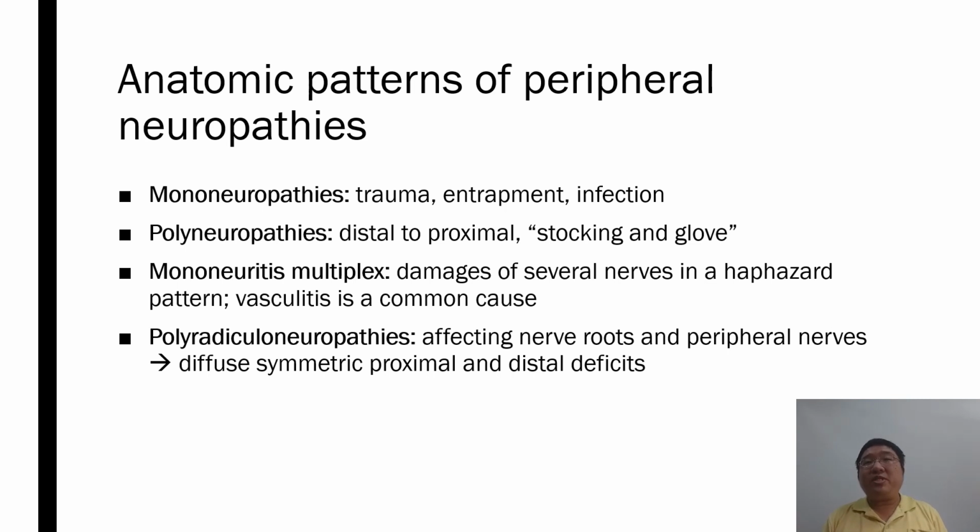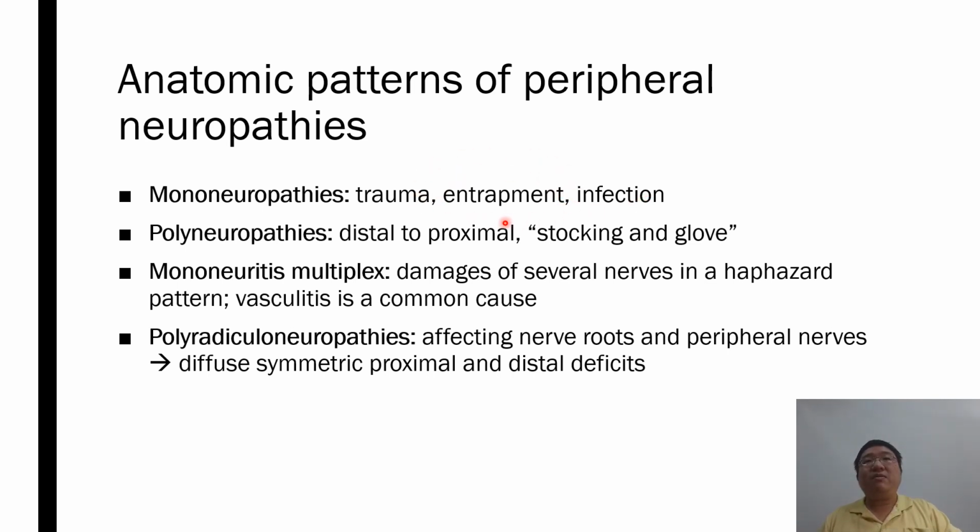If the distribution is at only one area, or the areas supplied by one single nerve, that is mononeuropathy. So we can hypothesize that the cause of the problem may be trauma, entrapment, or infection.